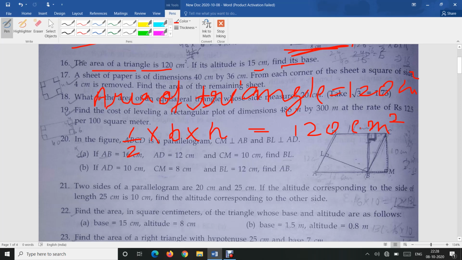Now in question number 16, altitude is 15 centimeter. Altitude is also height, so you can put 15 in place of h, and you have to find its base. So the base will be the same, which is b, and height is 15 centimeter. Now it will be equal to 120 centimeter square.